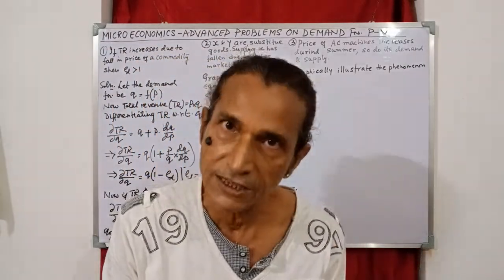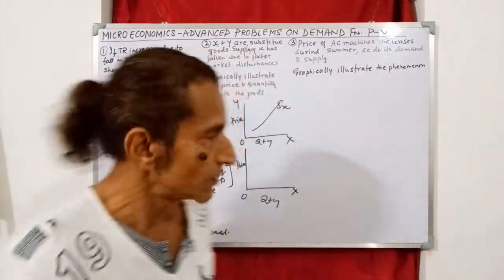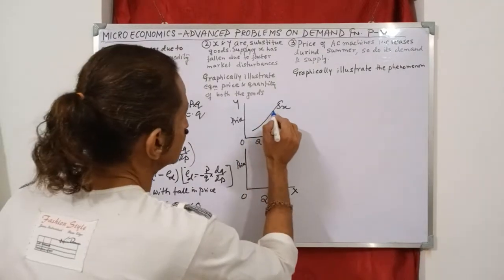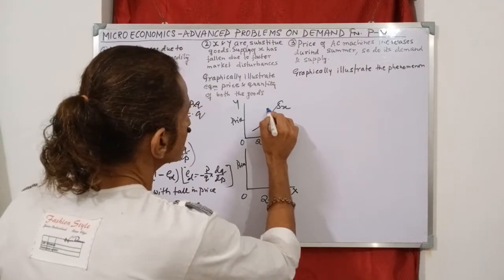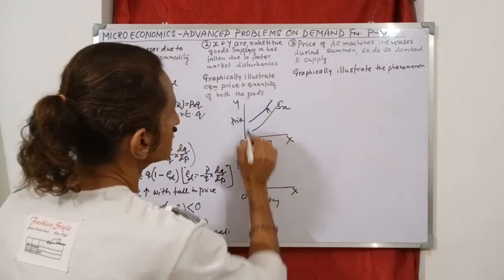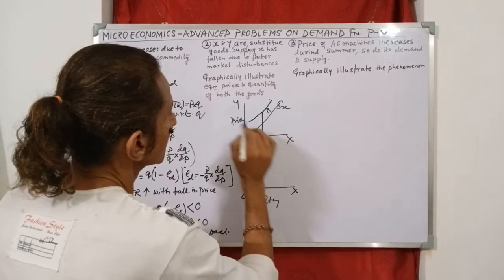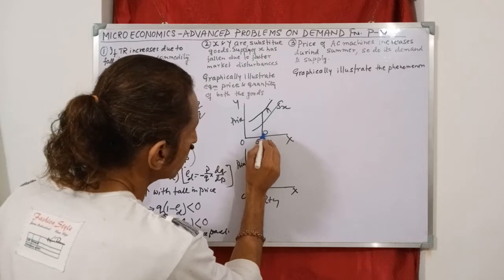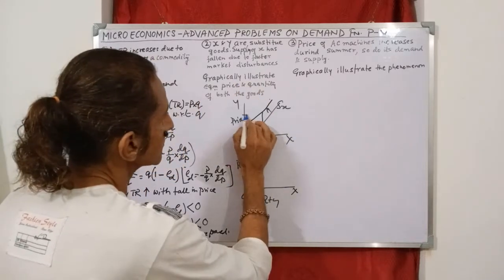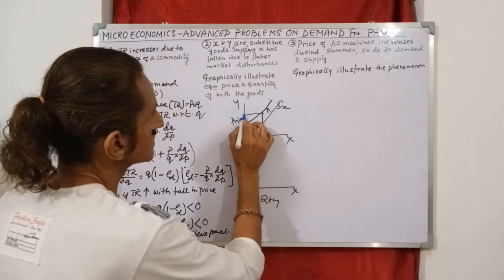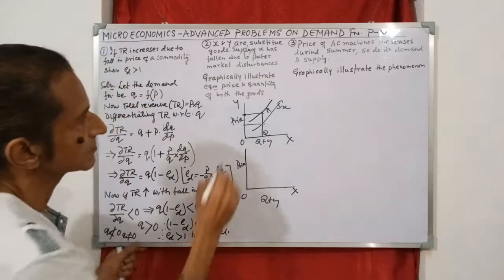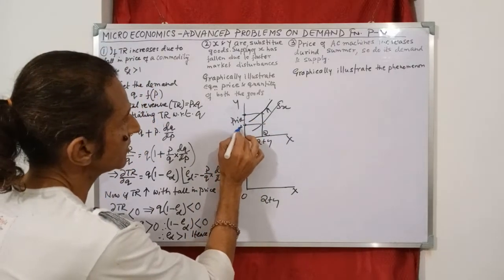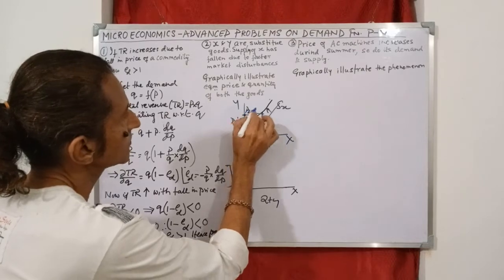There is no change in price of the commodity. So the supply curve will shift towards left. That means the producer will supply the same quantity, say OQ, at a higher price. Say this was P1 and this is P2.